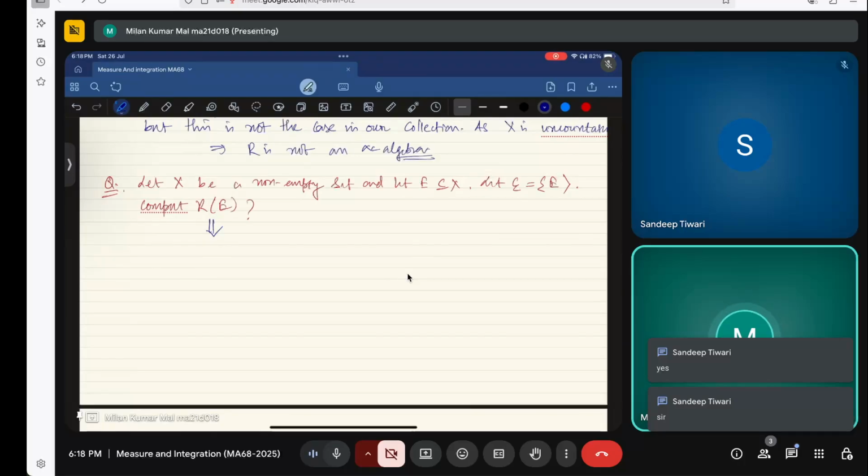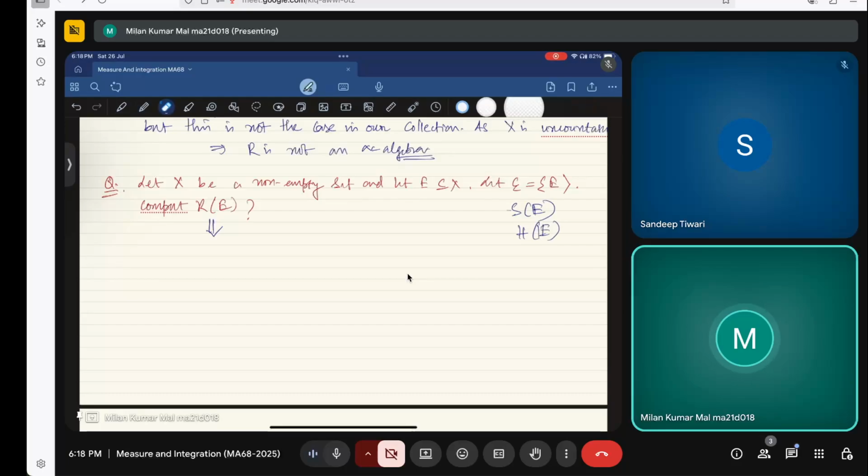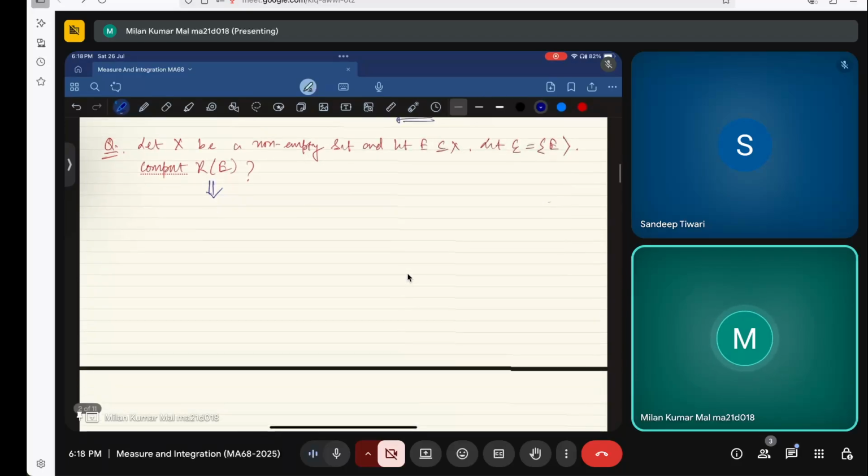Usually R of a set denotes the smallest ring containing E, S(E) denotes the smallest sigma ring containing E, and H(E) denotes the smallest hereditary ring containing E. So here it is the smallest ring containing E. This is what is asked.